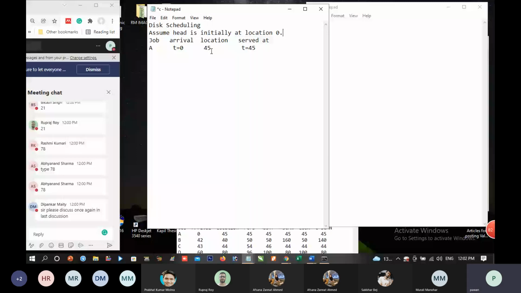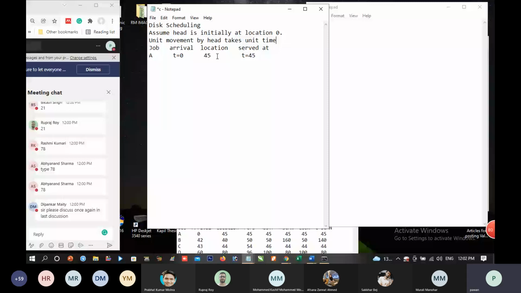Unit movement by the head takes unit time. Is it correct? So job A will be served at time t equal to 45 because we are moving from 0 to 45 in 45 unit time.